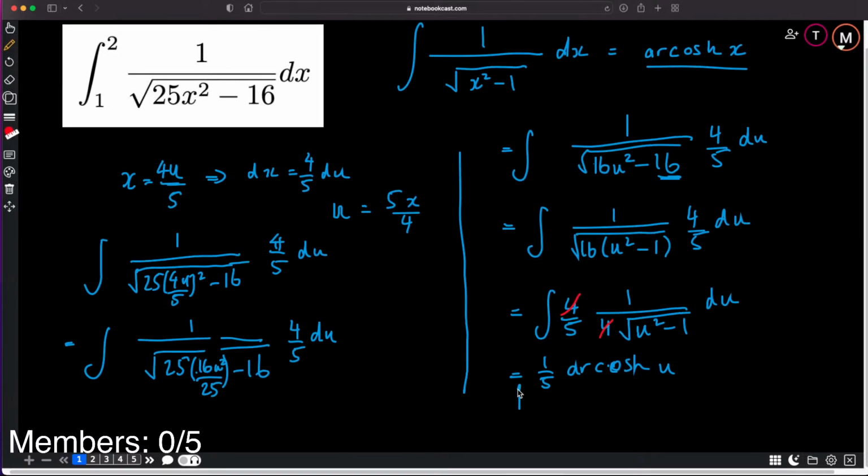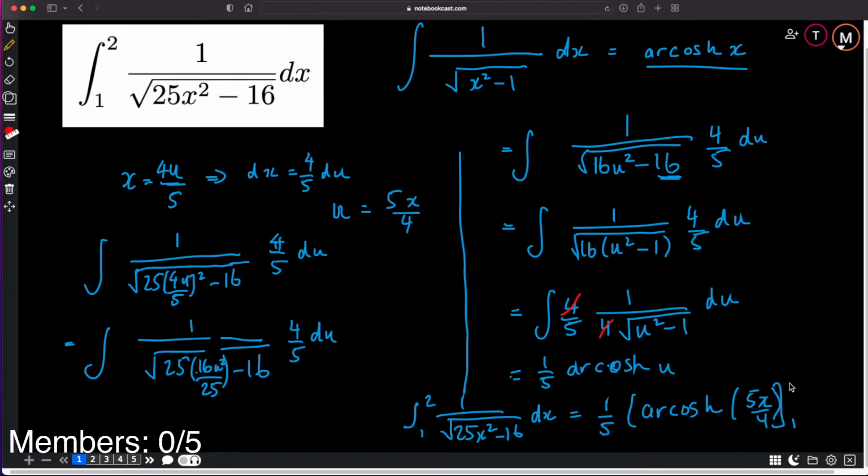Do I have a bit more room here? No. Well, let me try to squeeze it in at the bottom. We can say that the integral from 1 to 2 of all of this, because of all the work we just did, is 1/5 arc cosh 5x on 4 from 1 to 2.